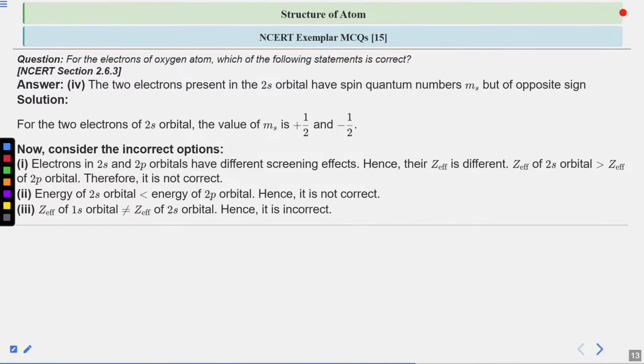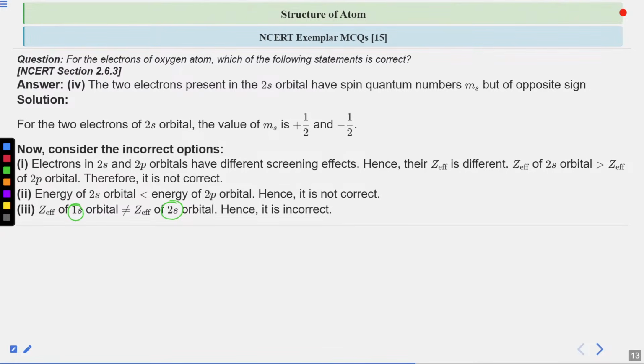What was the last statement? That the Z effective of the 1s orbital and 2s orbital are equal. So again, if you compare 1s and 2s, 1s is an orbital present in the first principal quantum number.